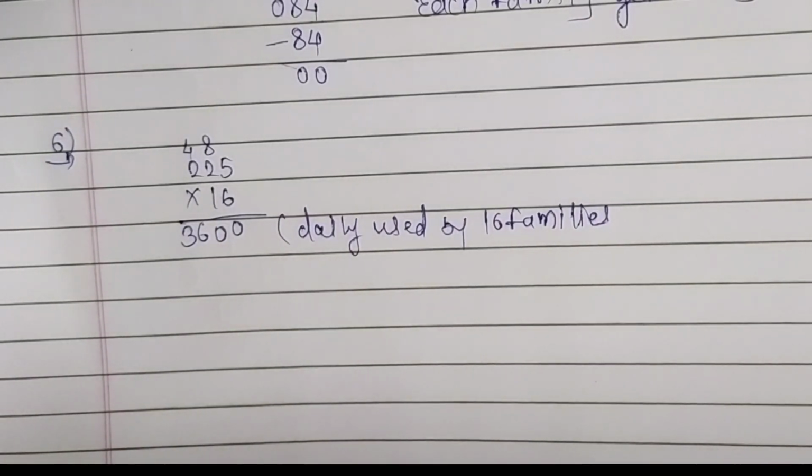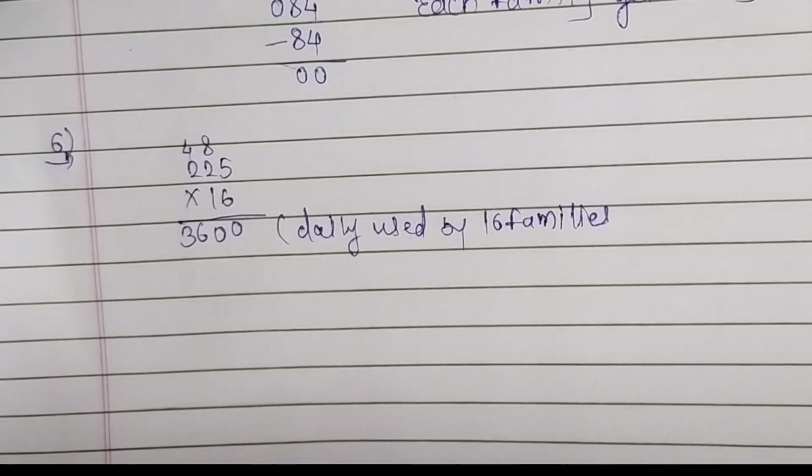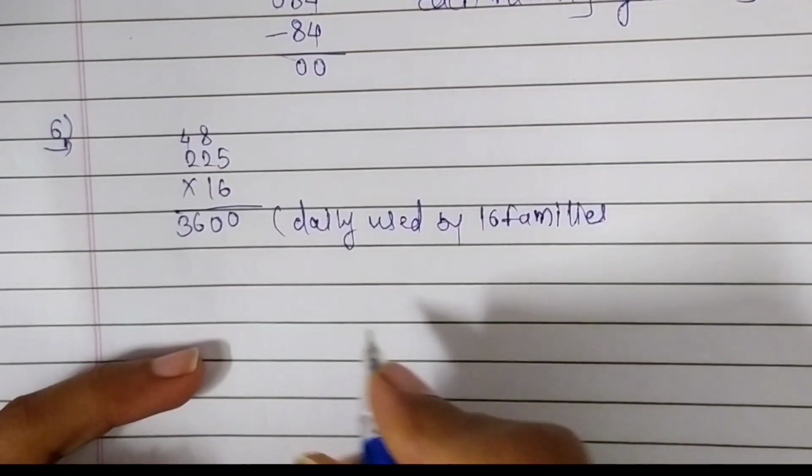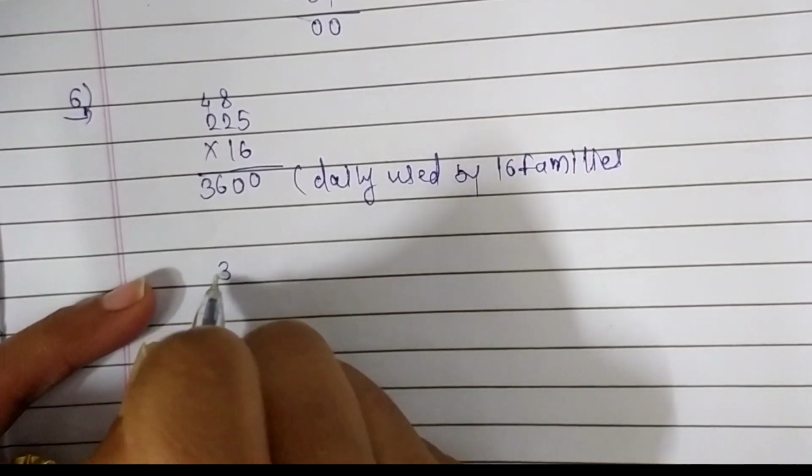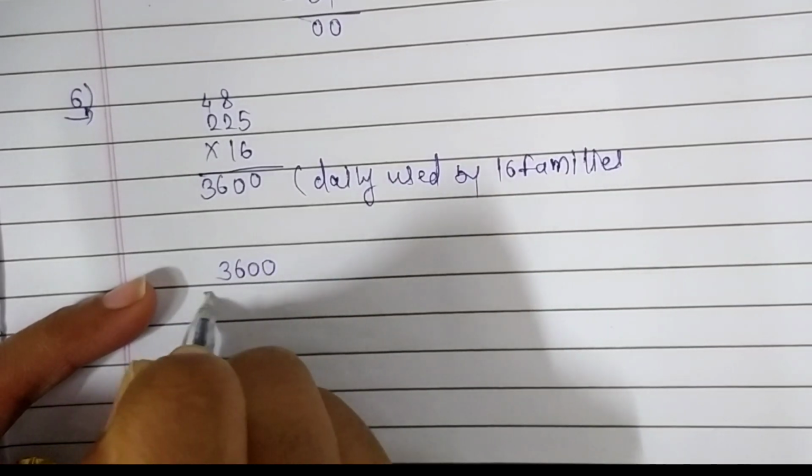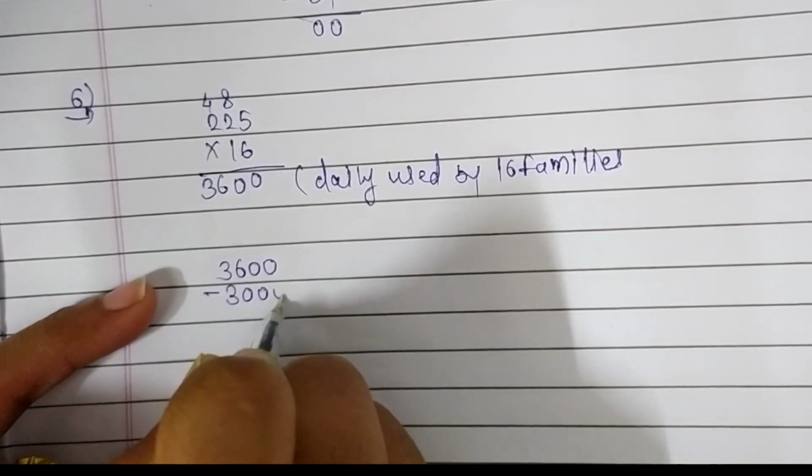Now the tank capacity is only 3000 liters. So for finding the daily shortfall, here we are going to subtract the capacity of the tank from the used water. Let's subtract it. 3600 minus 3000.